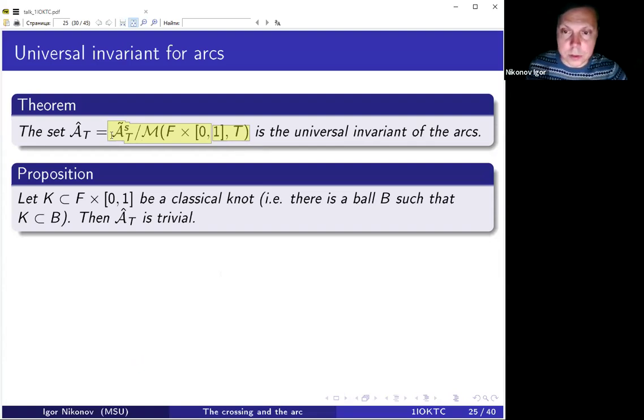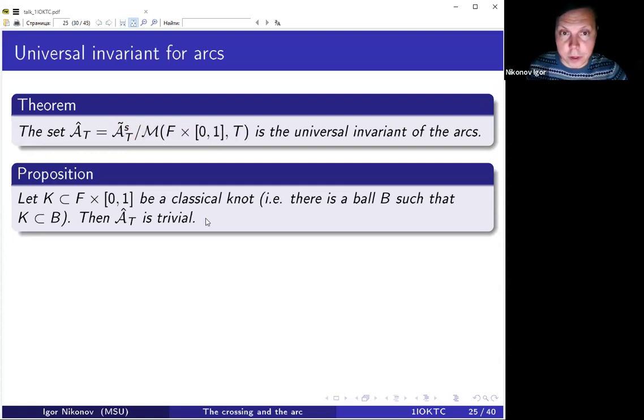And one can see that if we have a classical knot, this action is transitive and the quotient space is one point. This means that the universal invariant of arcs for classical knots is trivial.